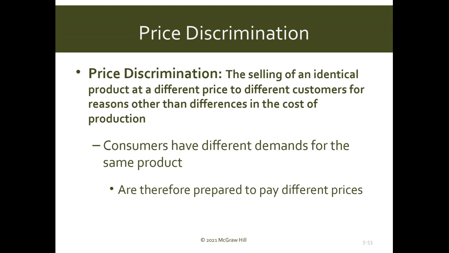For example, in restaurants, take McDonald's. McDonald's gives you a Happy Meal for kids at a lower price, the same thing compared to adults. Why? Because demand from these two different types of consumers is different. Kids are not earning, so parents will be encouraged to pay for their kids if prices are lower.